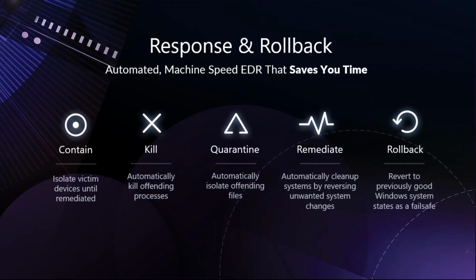And these are just the steps that response and rollback takes. So being able to isolate the endpoints off of the network, utilizing disconnect from network, being able to kill any offending processes, quarantine any files, remediate everything that happens, utilizing what we call active EDR, active threat protection, by creating the workflow of everything that happened from the initial spawning process to the very end where we decide that it's malicious, being able to remediate that back to its very starting process.